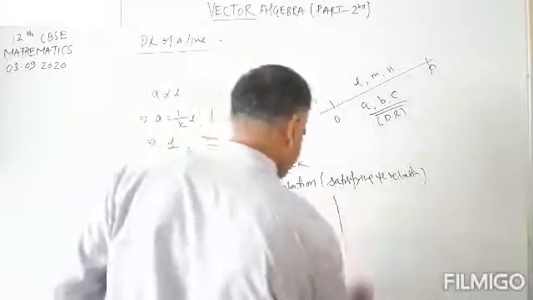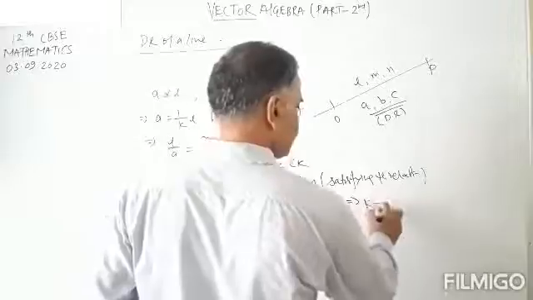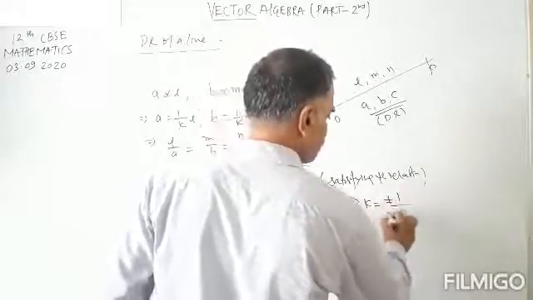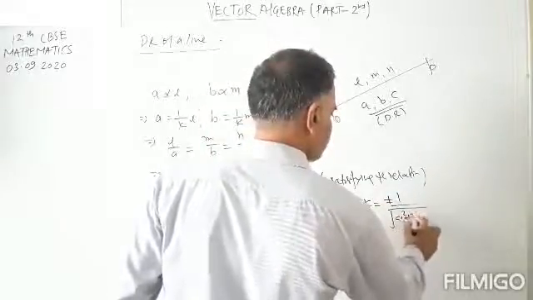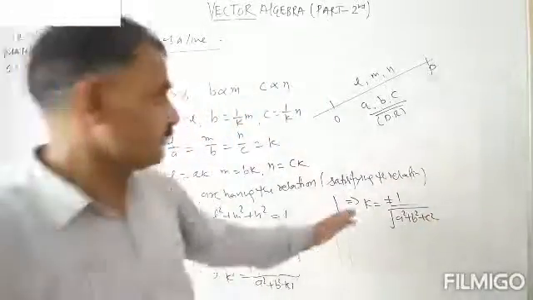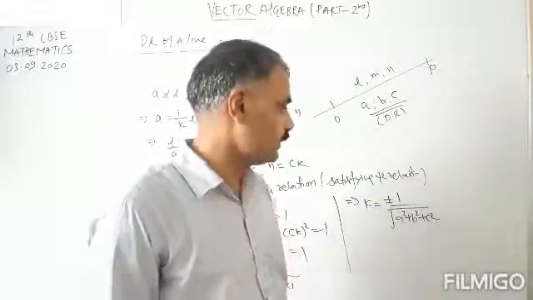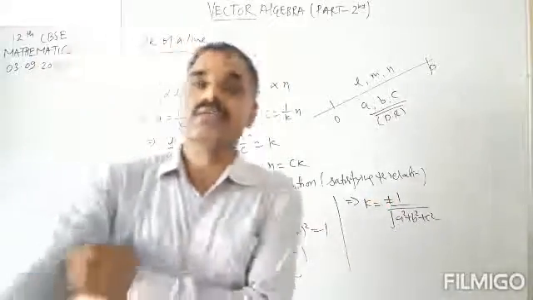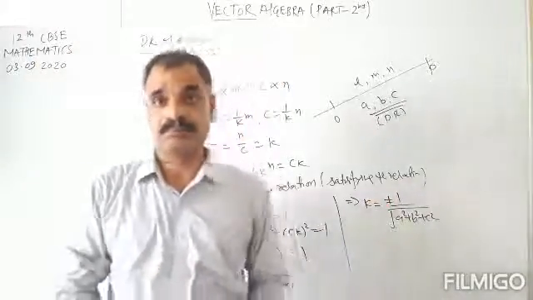So this implies that k equals plus minus 1 upon under root a square plus b square plus c square. This is the value of k.